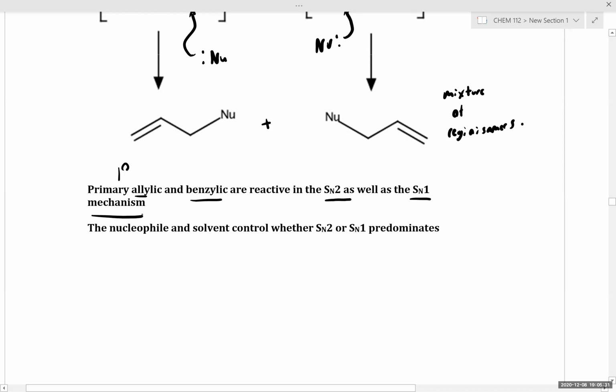And this is where we're going to start to see the impact of solvent and reaction conditions on the mechanism. Nucleophile and solvent control will dictate whether you see primarily SN2 or SN1 reactivity. So we'll talk a lot about that later on in the chapter.